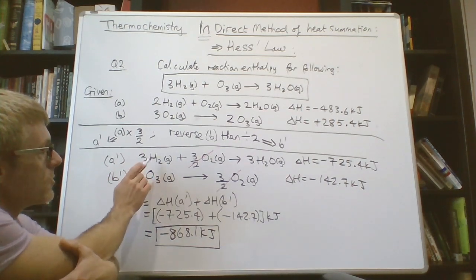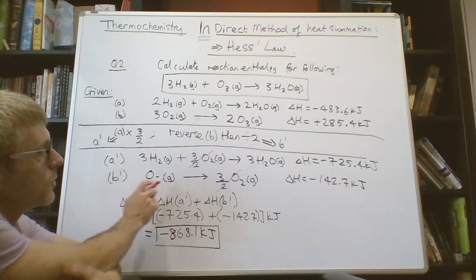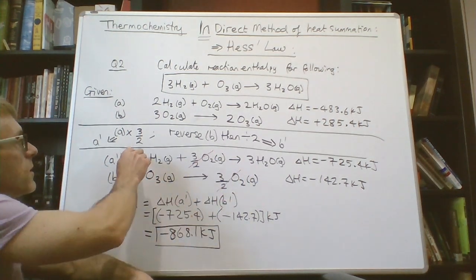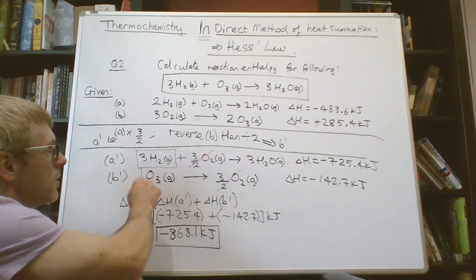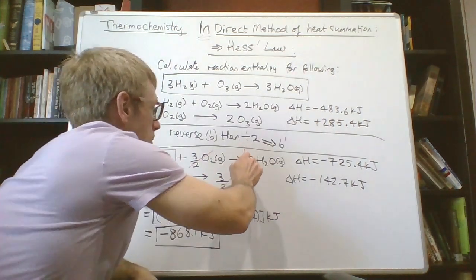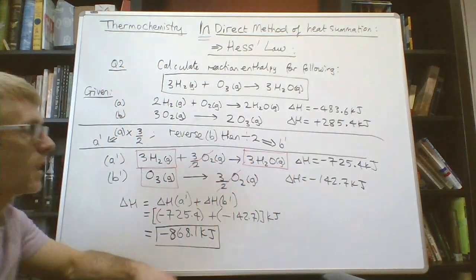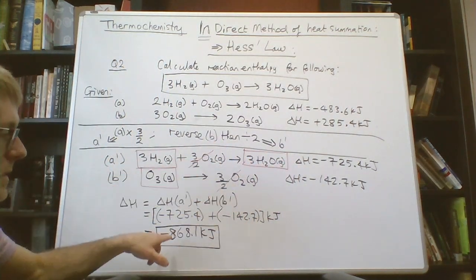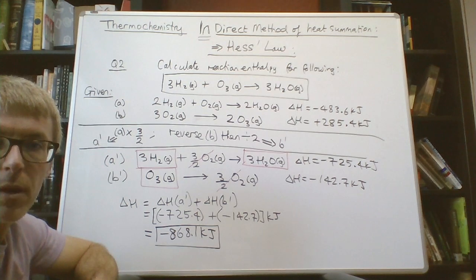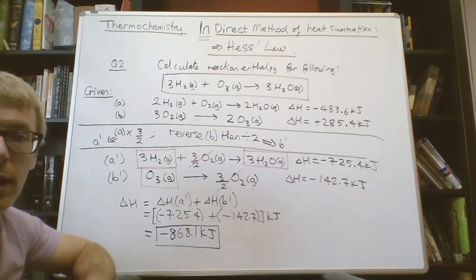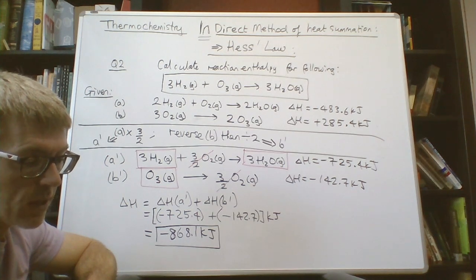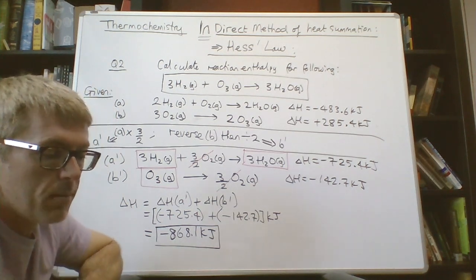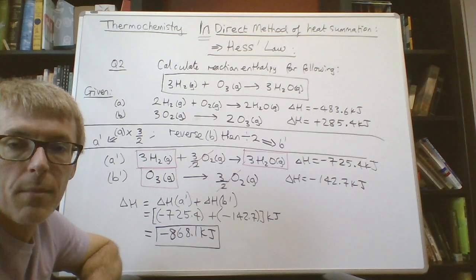We've got 3 hydrogen molecules, 1 ozone molecule, 3 water molecules as our final product. And the energy of adding those pieces together is the summation part. Okay, we're coming up to the hour, so this will conclude a video on the direct method of heat summation and the indirect method of heat summation.